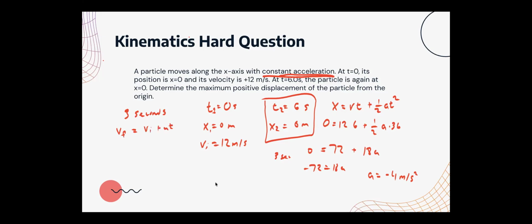We can just set 12 minus 4t equal to 0, because we know that the acceleration is this. So we get that t equals 3 seconds, right? That makes sense to you guys, right? This is when the maximum positive displacement will happen.